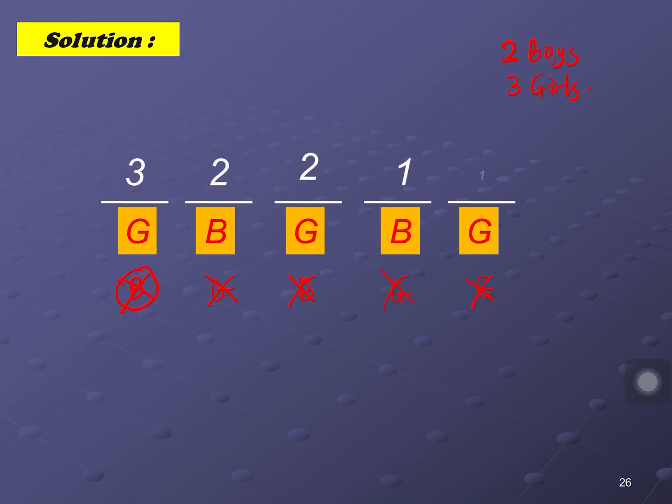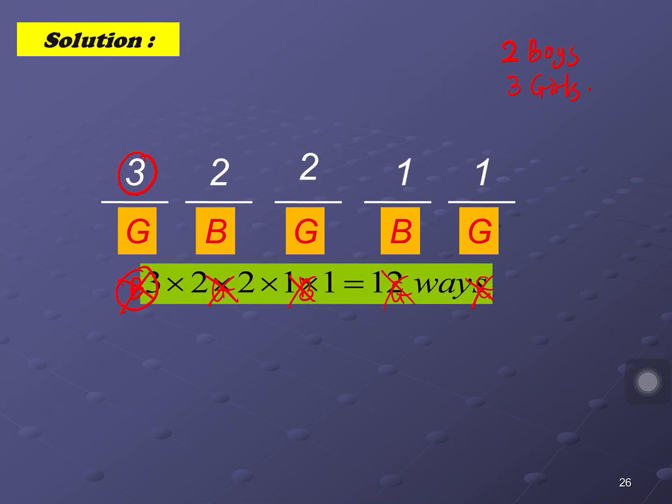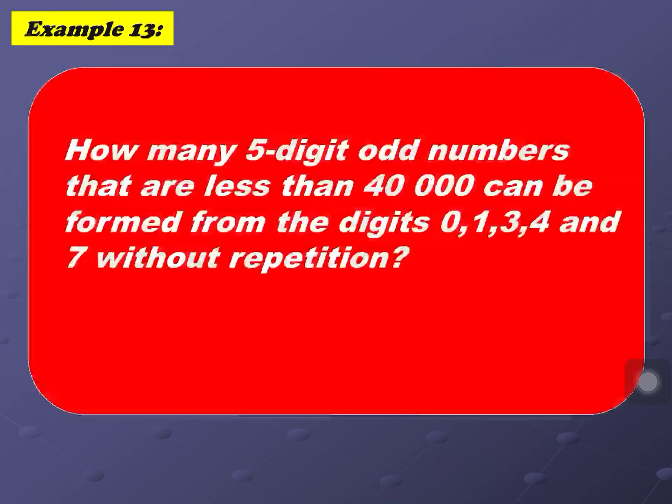So we must start with a girl. This is the arrangement. How many girls? 3. So let's write 3, 2, 1. So 3 times 2 times 2 times 1 times 1 equals 12 ways.